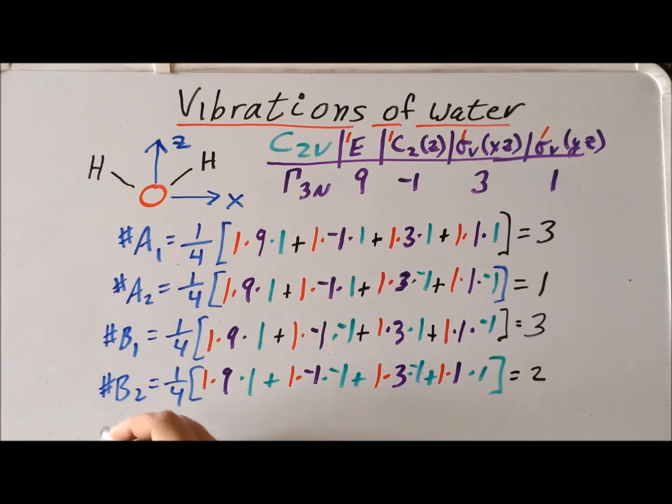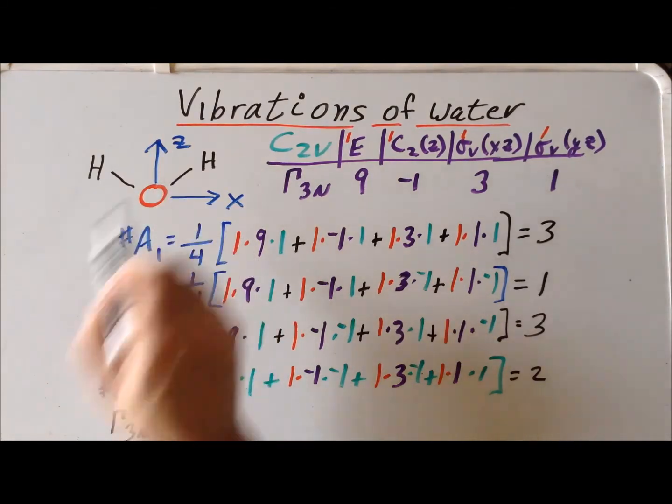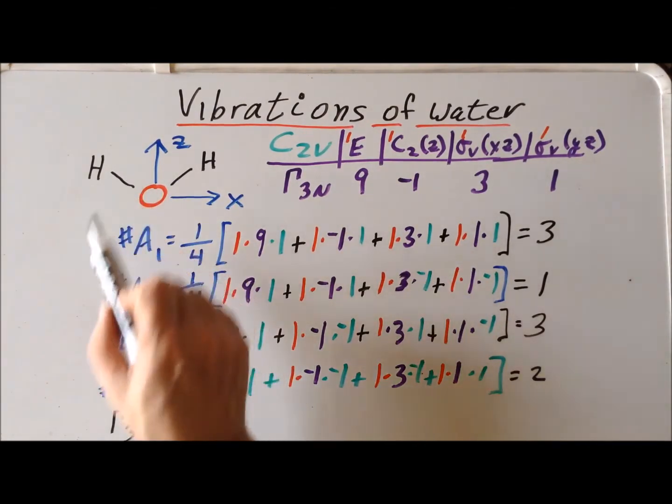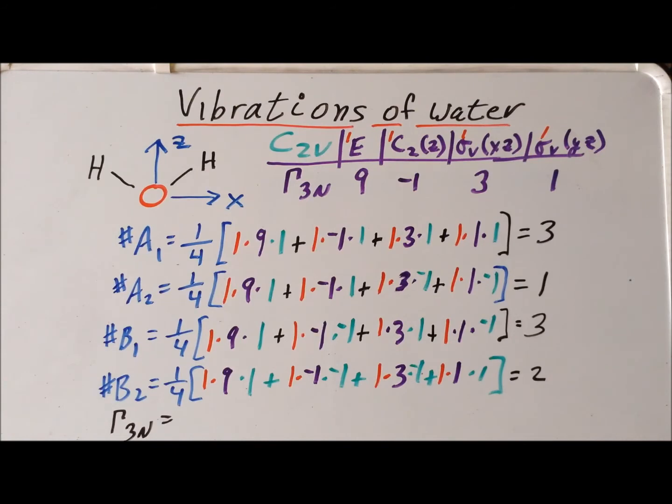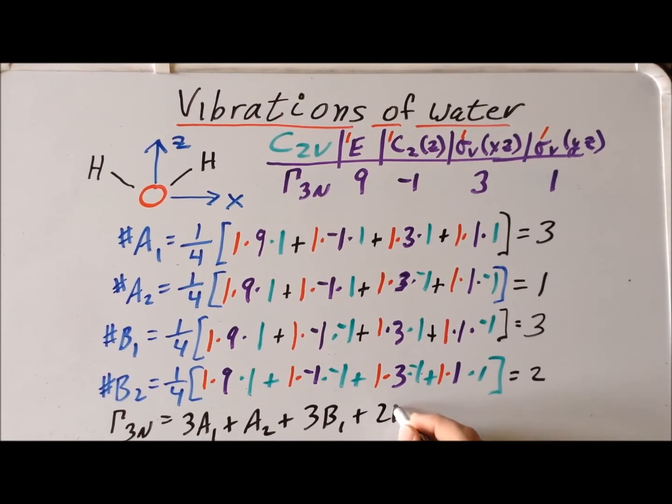What we have determined is that we can write the reducible representation, gamma 3n, which describes all 3n degrees of freedom for water. Water has 3 atoms, n is equal to 3, so there are a total of 9 degrees of freedom. We found that those correspond to 3 A1s plus 1 A2 plus 3 B1s plus 2 B2s.